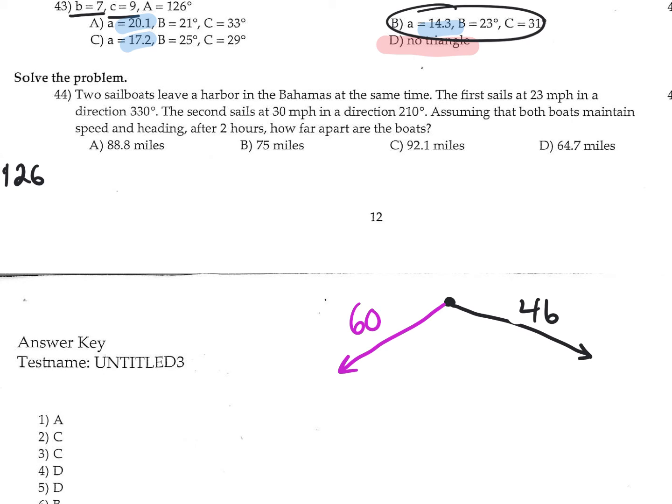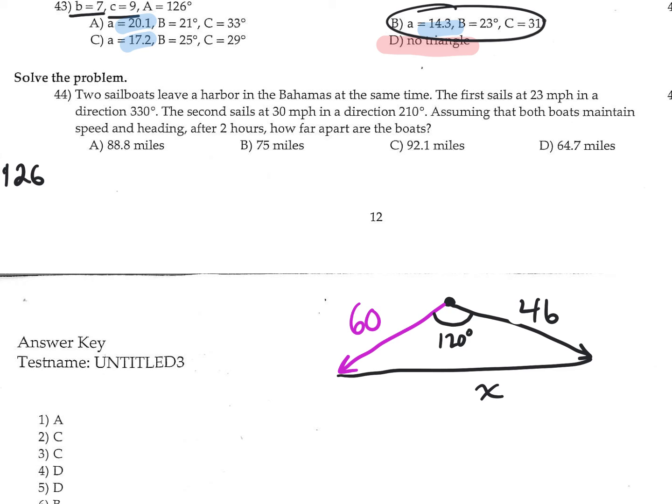We're trying to find this distance here. We'll call it x. And I actually do know the angle between. This angle here can be found by finding the difference between 330 degrees and 210 degrees. That is 120 degrees.